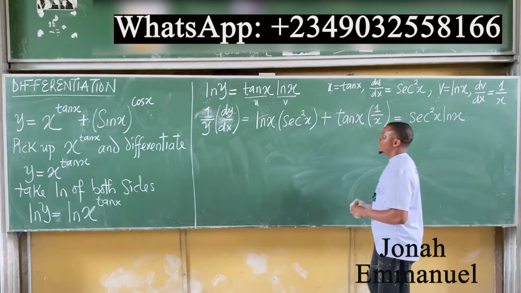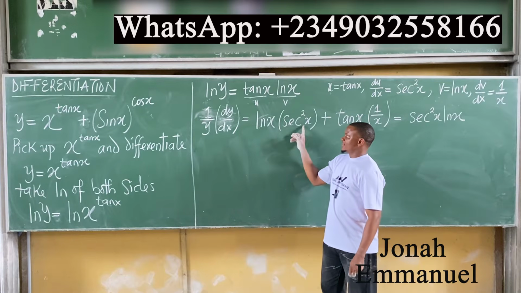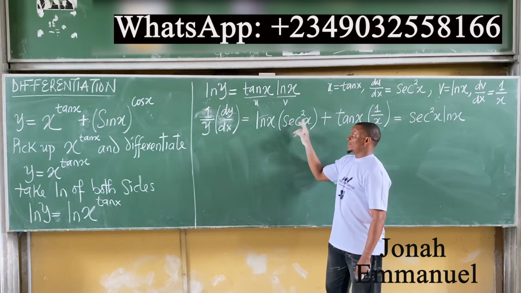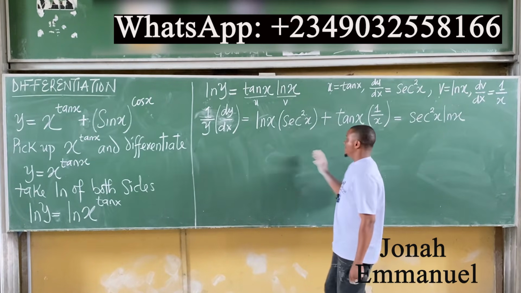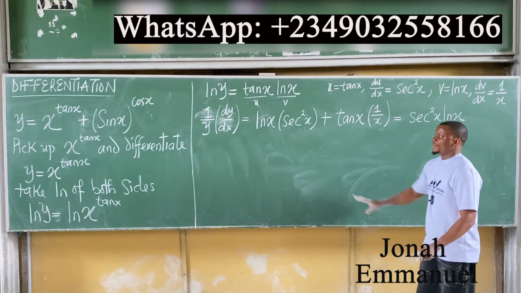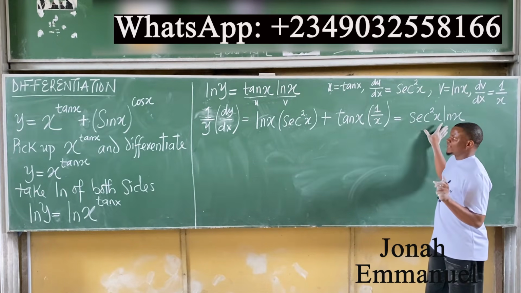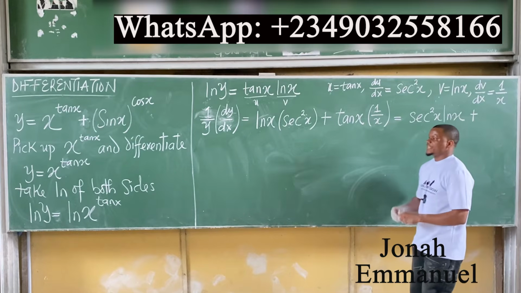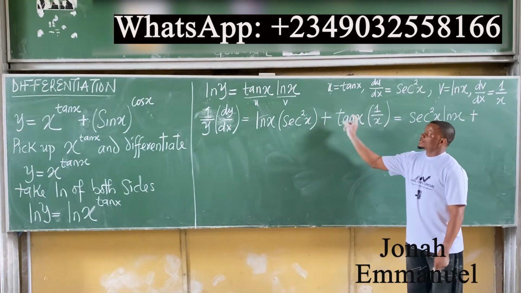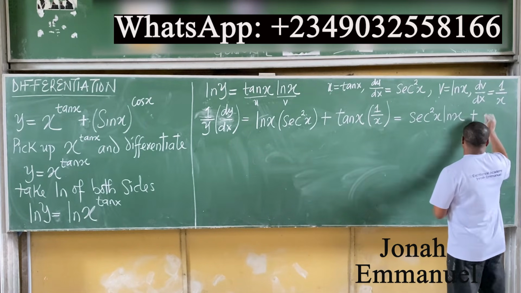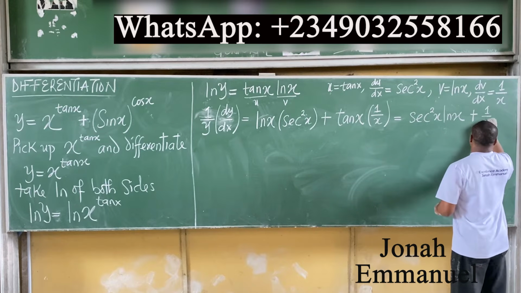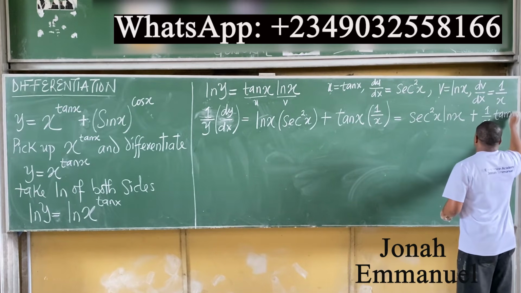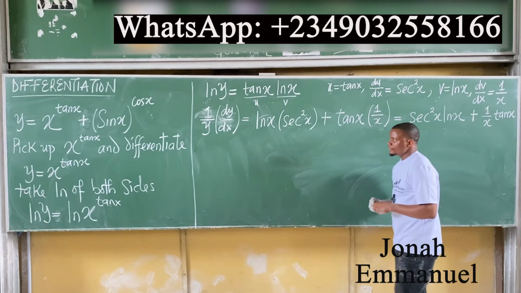Sec squared x ln x and ln x sec squared x are the same thing. If you want to leave it in this form, no problem, but this has to simplify. Plus, for a trig function also, it is preferable you move it here. So it becomes what there? 1 over x tan x.